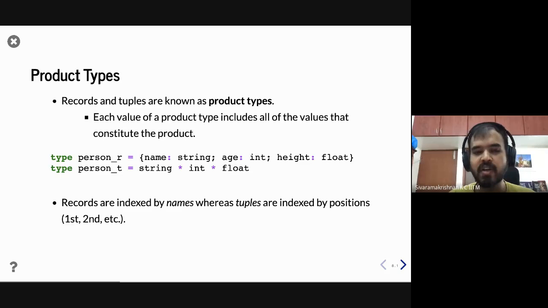So these sort of types are known as product types, and OCaml has two product types, and these product types are records and tuples. So in functional programming, you will see a lot of terms, right? I don't know why, because I work on functional programming. We tend to create these sort of mathematical terms which don't have any particular reason why they are called that.